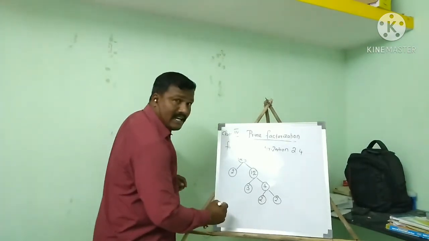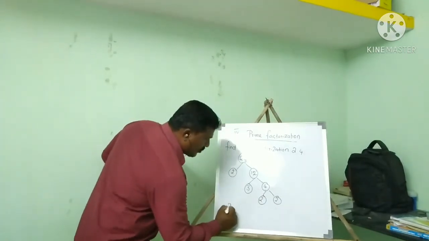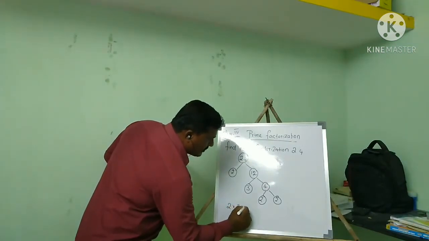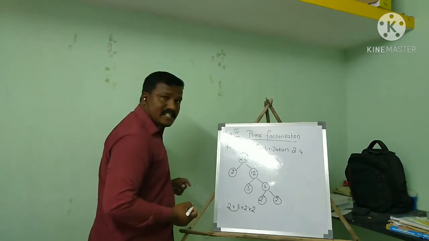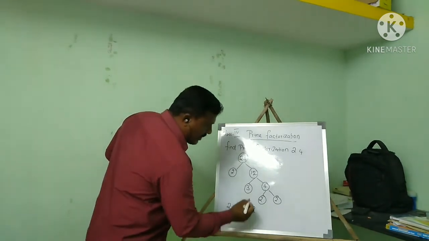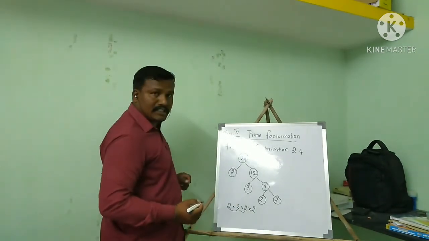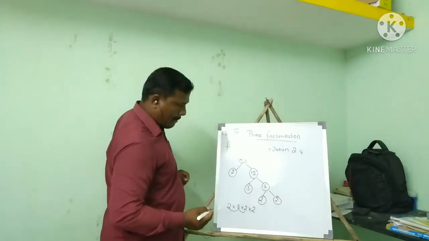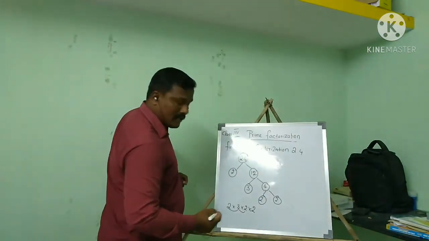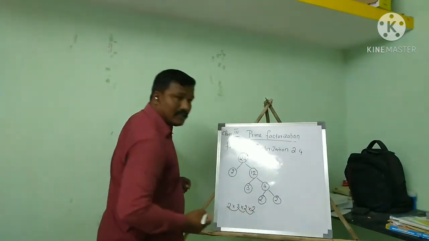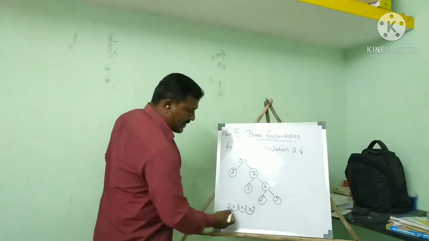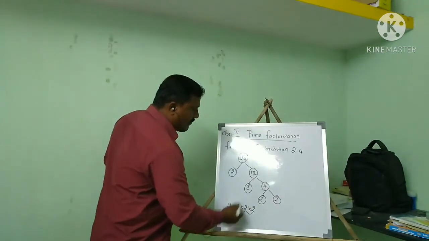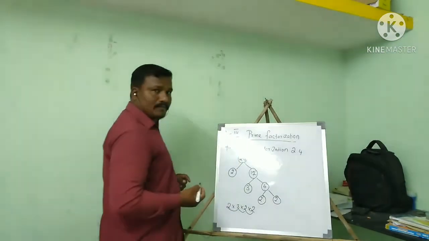Now let me collect and write these factors: 2 into 3 into 2 into 2. So 2 3s are 6, 6 2s are 12, 12 2s are 24. So 24 is the multiple of these. So these are the prime factors of 24.